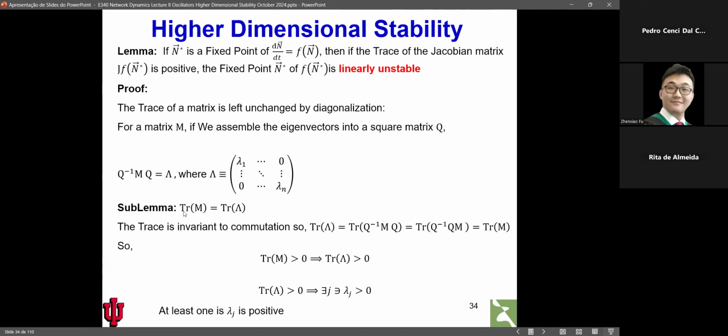And you know that the trace of M is equal to the trace of Lambda because diagonalizing the thing is not going to change the trace.